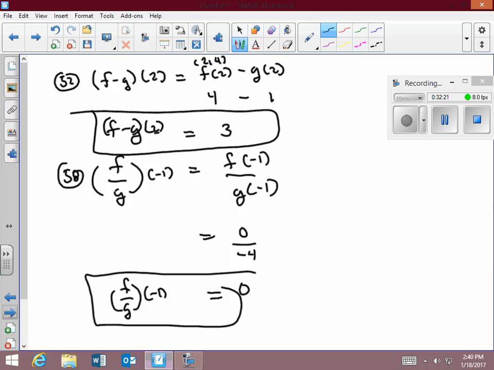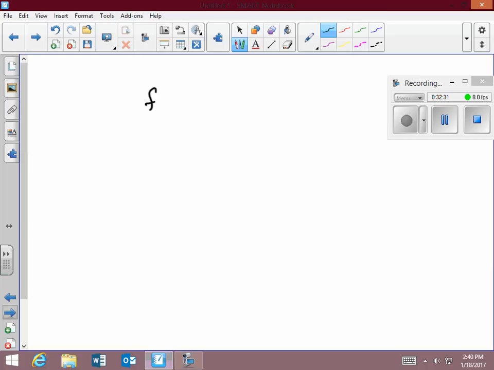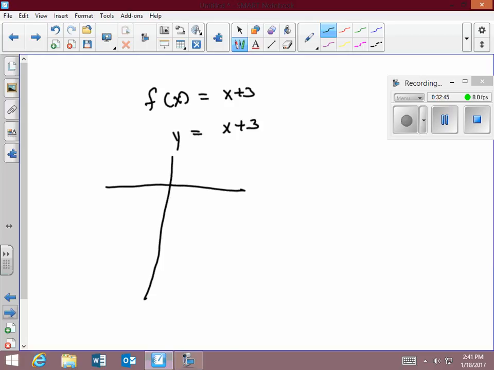Okay, the next section there says graphs of functions. So whenever you have a function, like you have f of x equals x plus 3, that's actually this relationship, right? So when you graph things and you do that t thing, you go x, f of x.